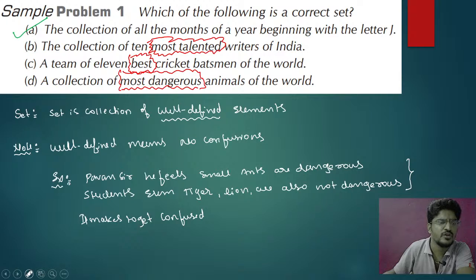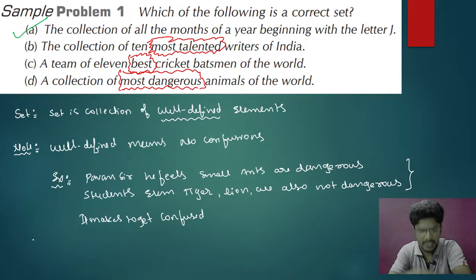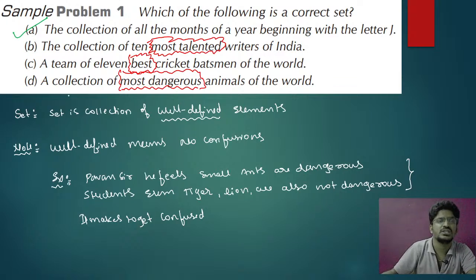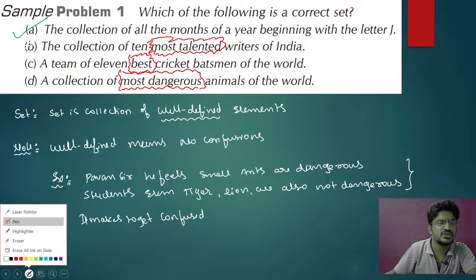Clear? Which of the following is a set? Right. So from this you can see that the collection of all the months of a year beginning with the letter J is well defined. So there are no confusions in the collection of it. Therefore this problem has option A as the correct answer.